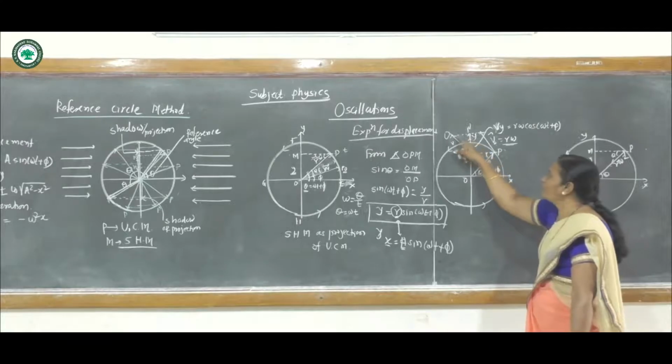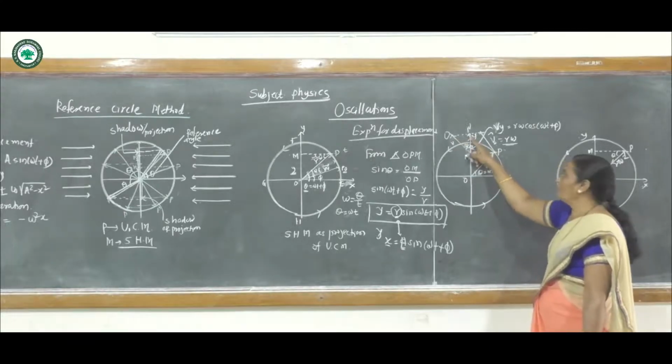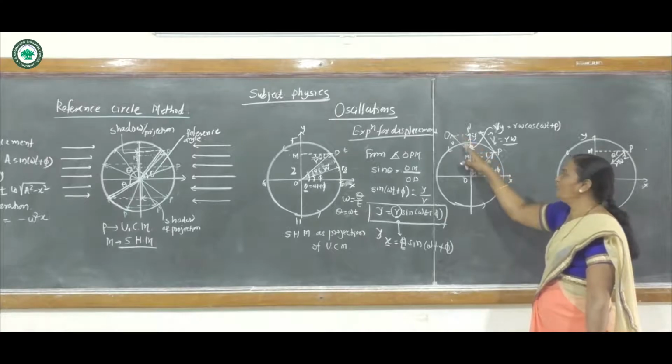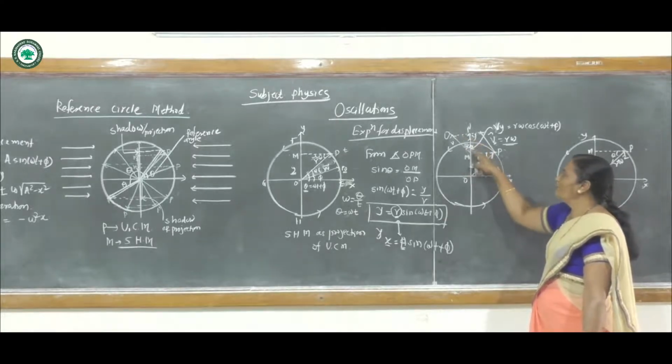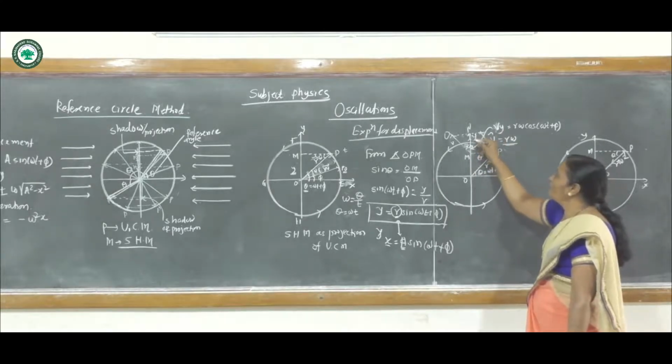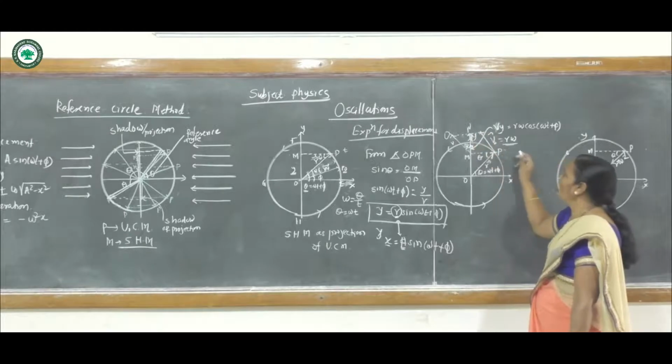Consider this triangle. In this triangle, this is the front side, this is the hypotenuse, and this is the coincide side. We find the value Vy here.